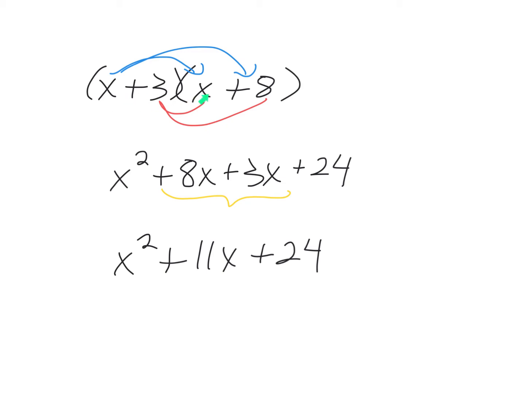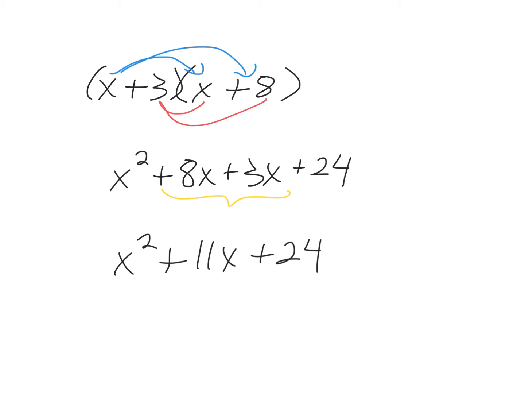So these two binomials that we multiplied together gave us this answer. Well, that means these are the factors of this trinomial. Just like 8 times 3 is factors of 24, then x plus 3 and x plus 8, these binomials are what we call factors of this trinomial.